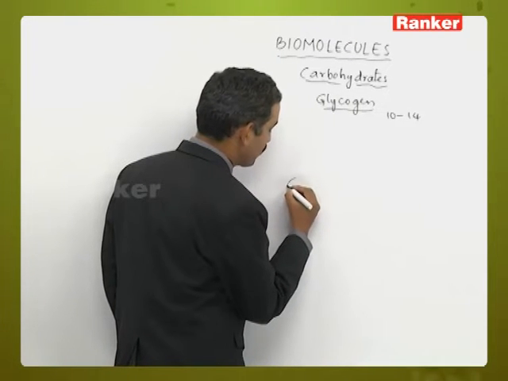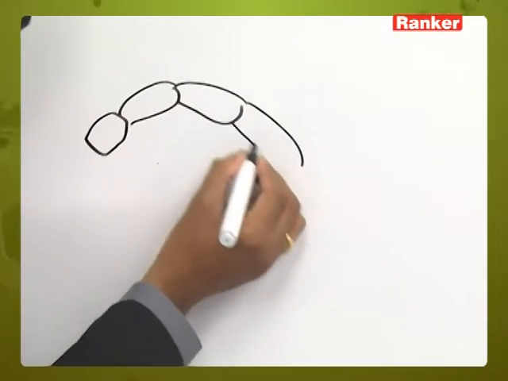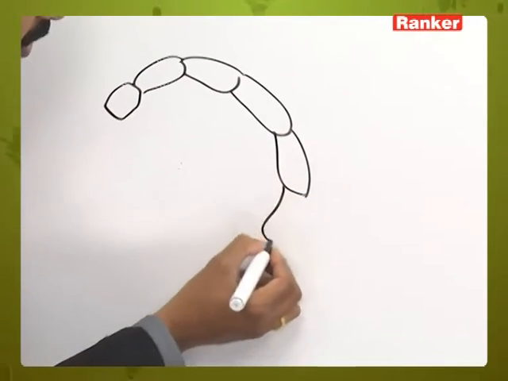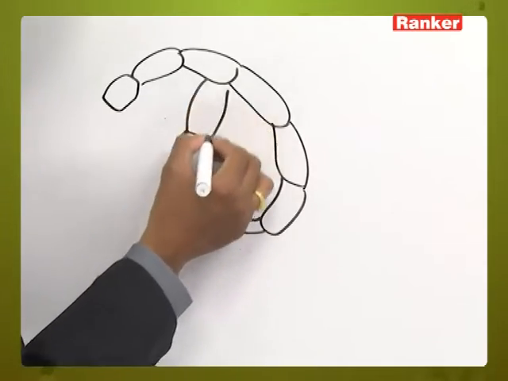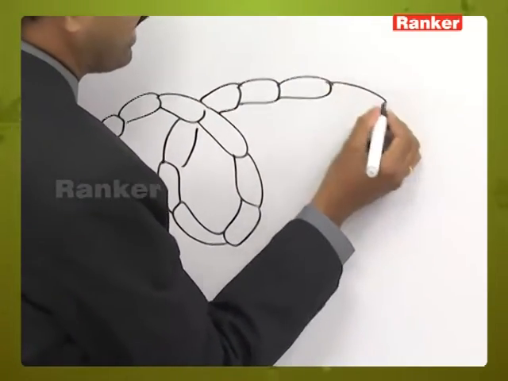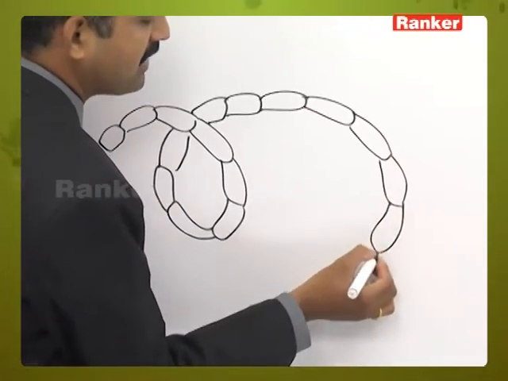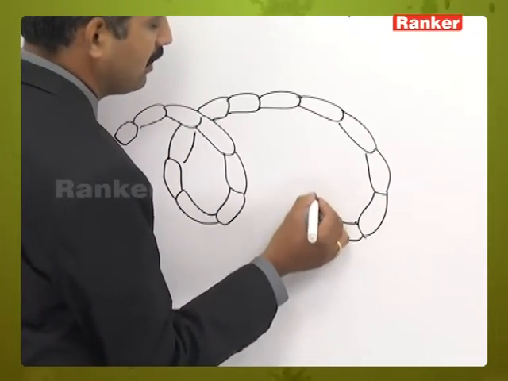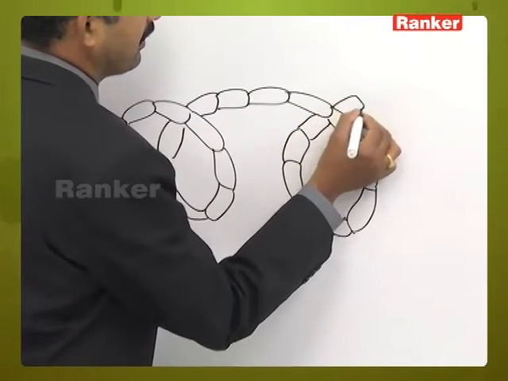Here we can see a straight structure along with a helical organization. So like this, 6 glucose molecules are forming a helix like structure, and once again the straight structure to some extent, and later once again forms a helix. So likewise we can see straight and also helix structures in the basic structure of glycogen.